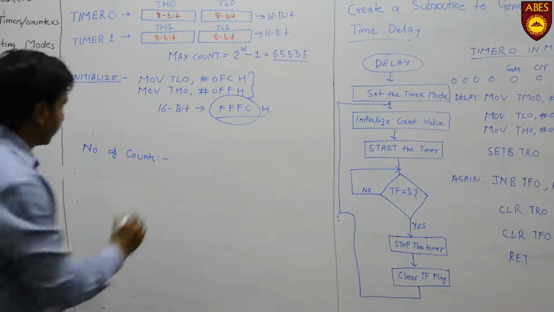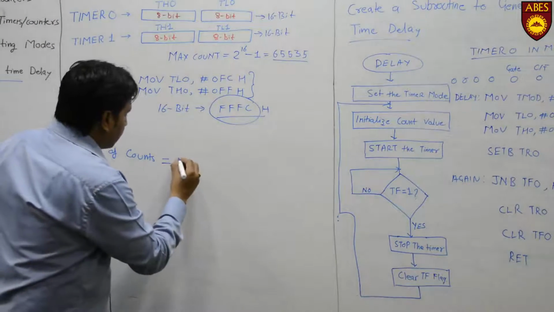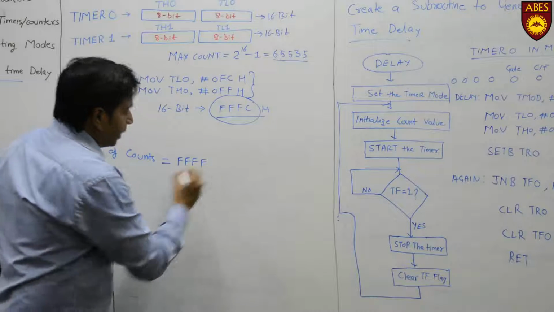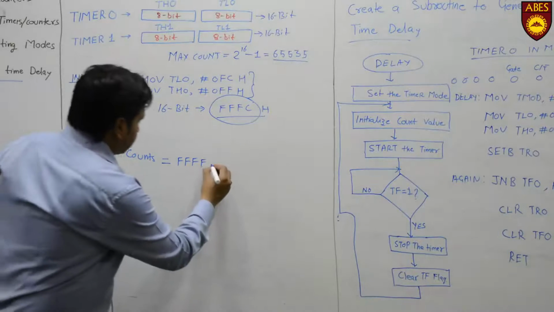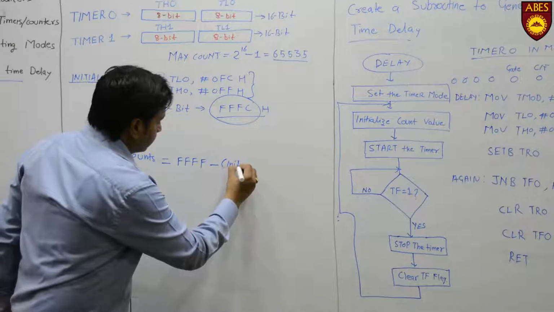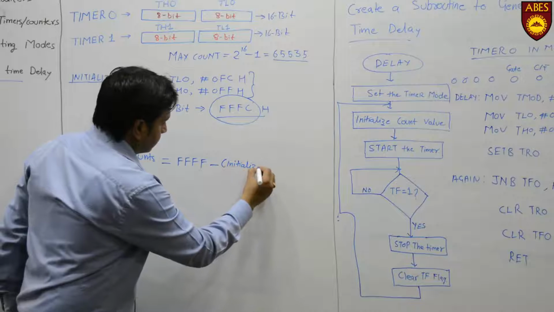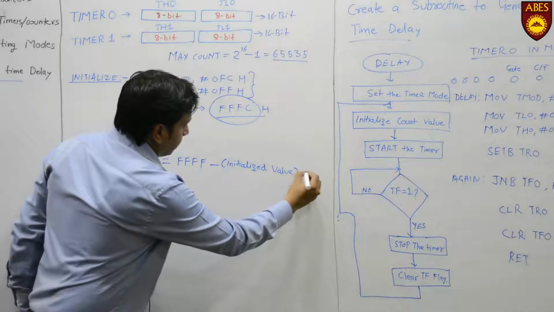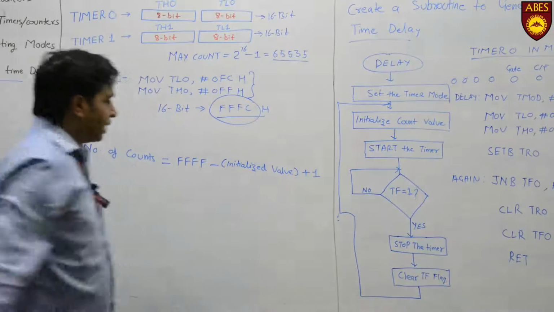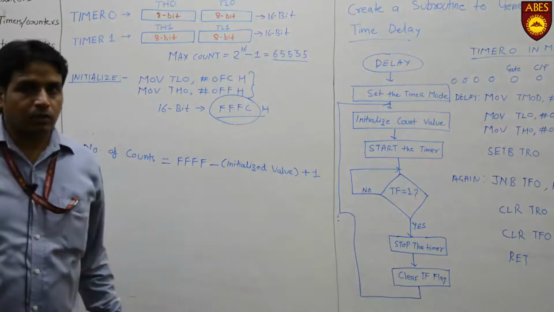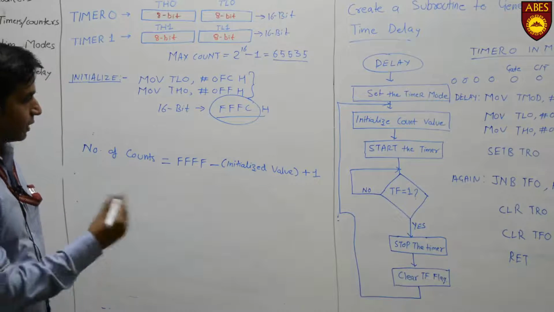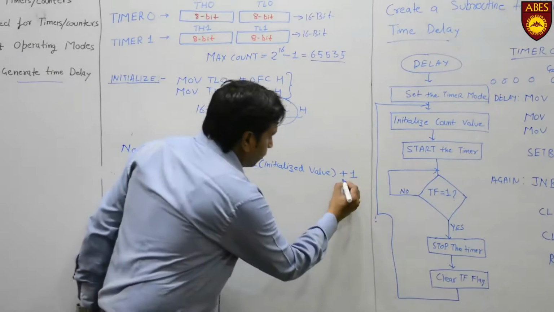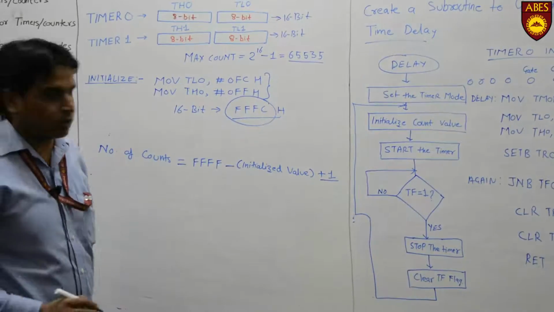The maximum count in case of mode 1 is FFFF, minus the initialized value, plus 1. I am adding 1 here because during the rollover the timer consumes 1 extra machine cycle. That's why we add the 1 here to find the number of counts.